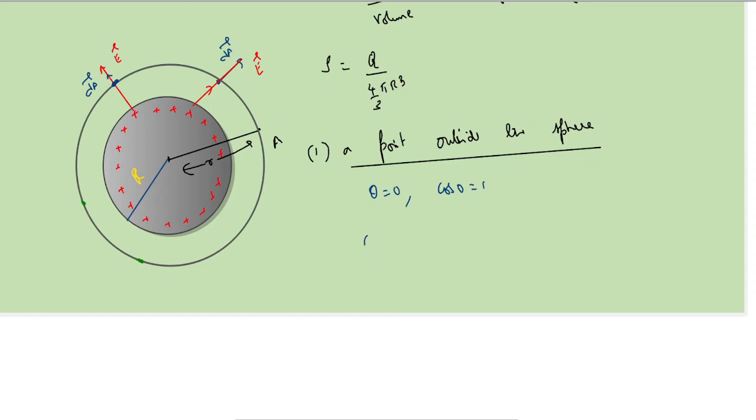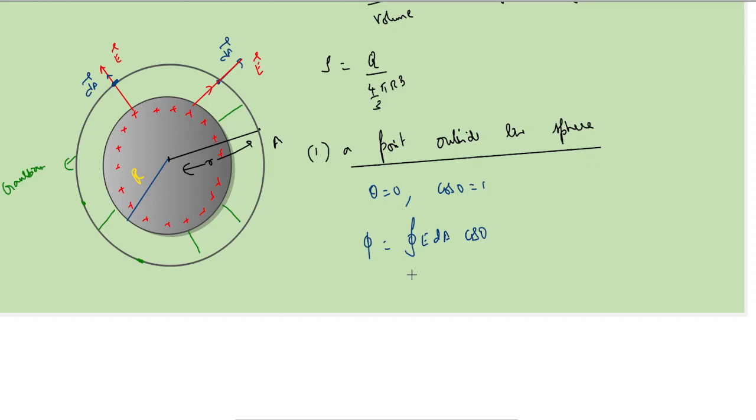So the flux from here, which is defined as the closed integral of E into dA into cos theta, this term is anyway 1. And also remember that we took a sphere such that the distance between the charged sphere and the Gaussian surface, remember this is the Gaussian surface, the imaginary sphere we draw, is always the same, which means the electric field in magnitude would be the same at every point on the Gaussian surface.